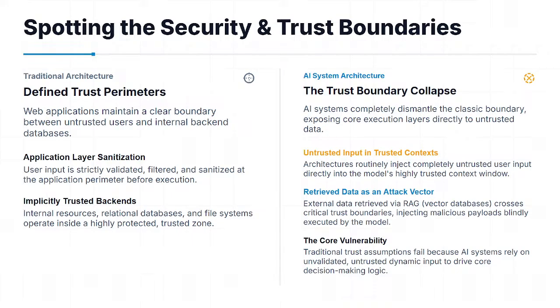AI systems completely dismantle the traditional approach where your trusted backend is on one end and your users are untrusted on the other end. So it exposes the core execution layers directly to untrusted data. Untrusted data in this context is what? The LLMs that you're working with, the models that you're working with. For example, untrusted inputs in a trusted context now.